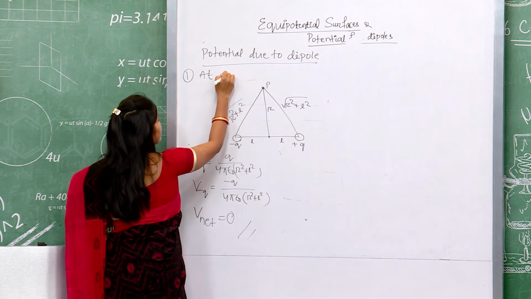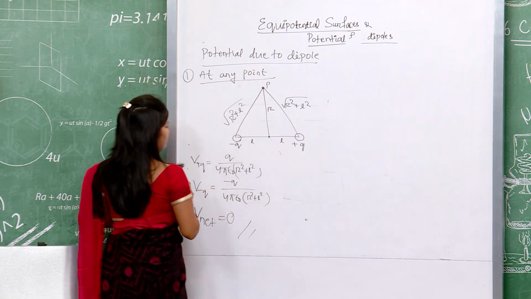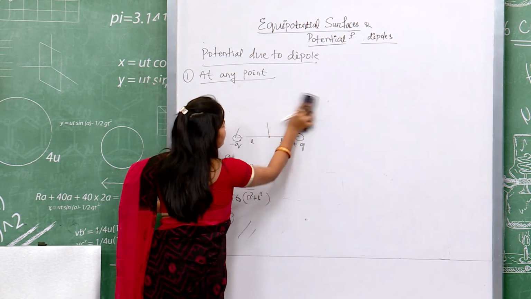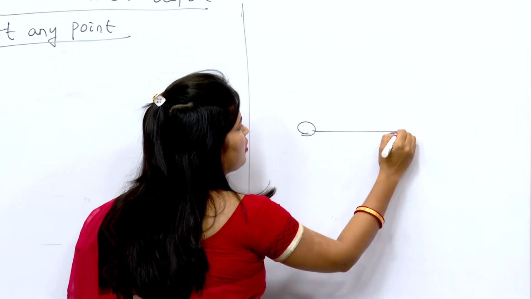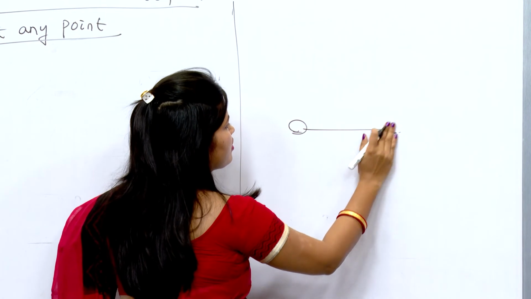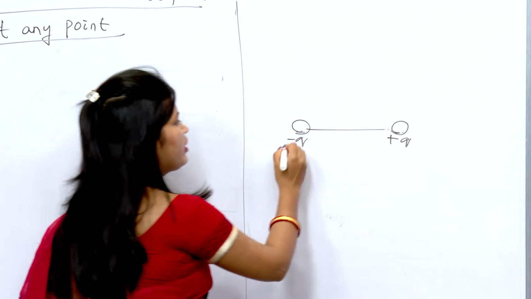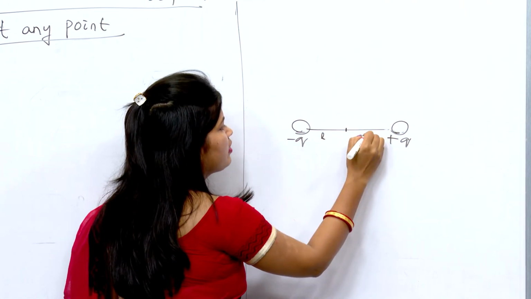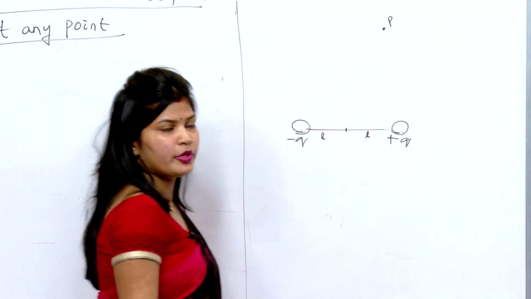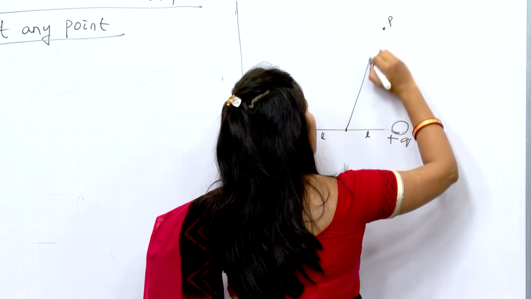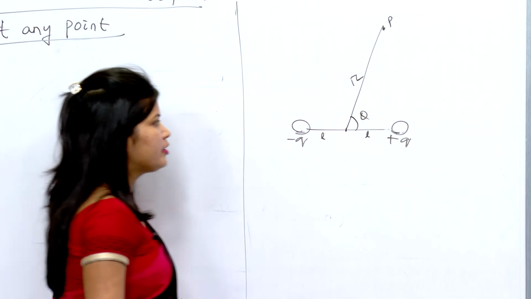Suppose this is a dipole, with minus Q here and plus Q here, separated by distance 2L, so this is L and this is also L, and the point of observation is here, P. The distance from the center of the dipole to the point of observation is R, and the angle of elevation is theta.